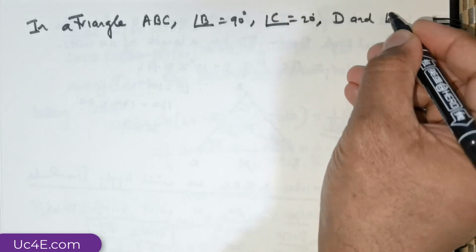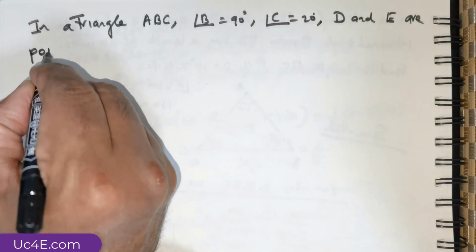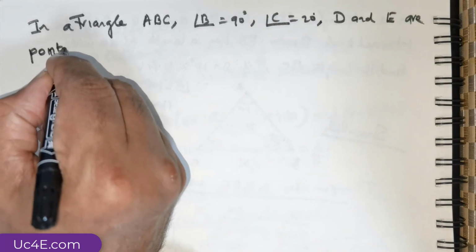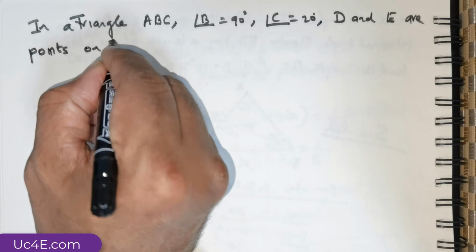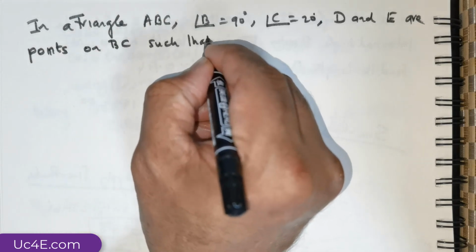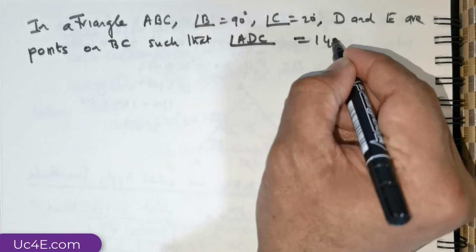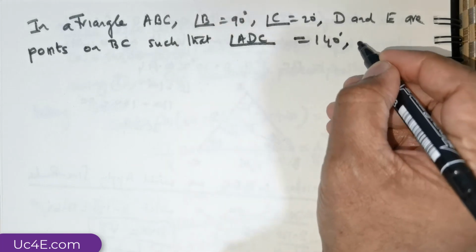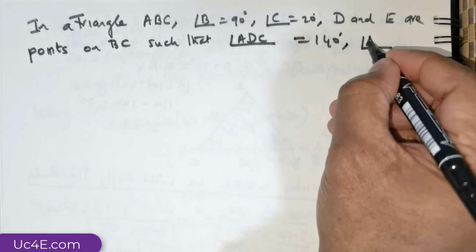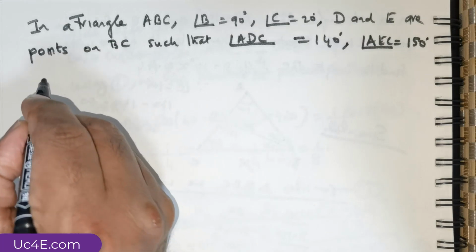D and E are points on BC such that angle ADC is 140 degrees and angle AEC is 150 degrees.